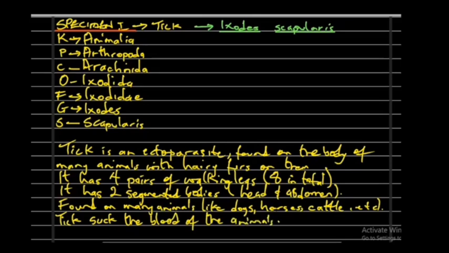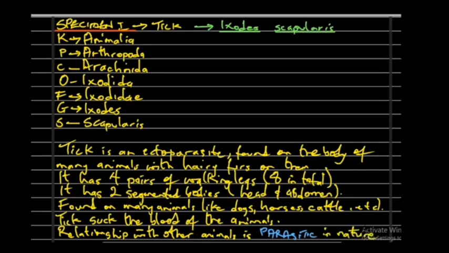So the type of relationship that exists between the tick and the animals they live on is a parasitic relationship, parasitic in nature. So that is just what you need to know about this particular organism.